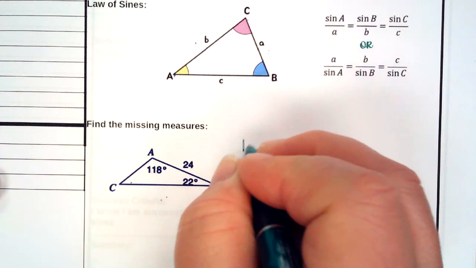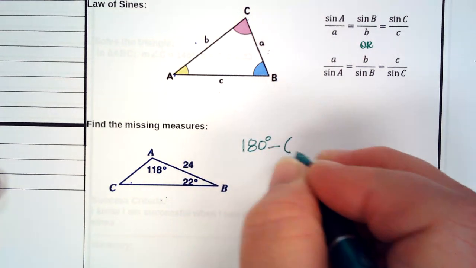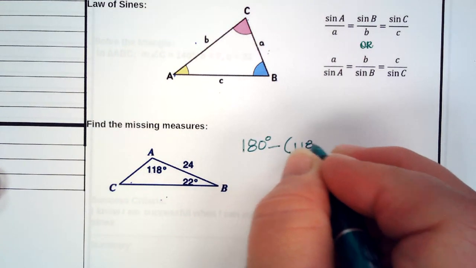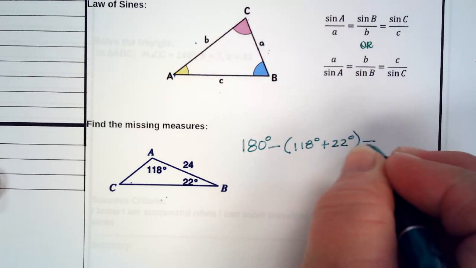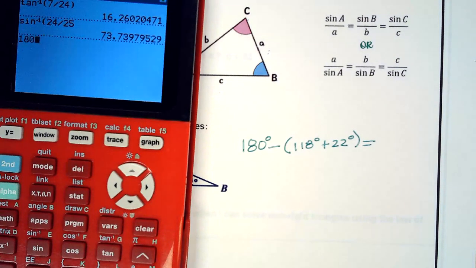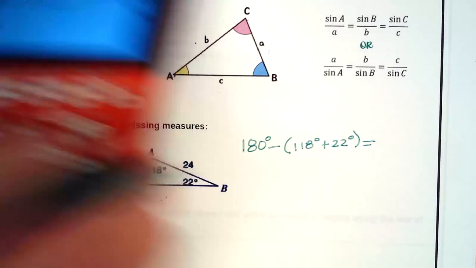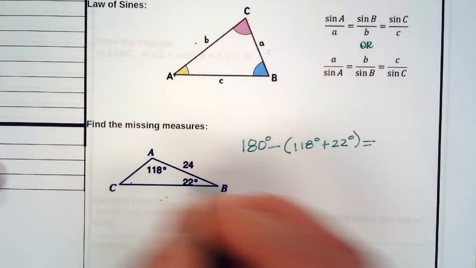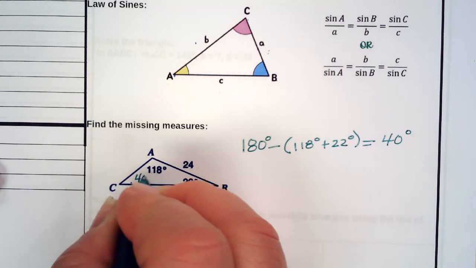Well, you'll take 180 degrees and you'll minus 118 degrees plus 22 degrees. Make sure you use parentheses, and you get 40 degrees. So this is 40 degrees.